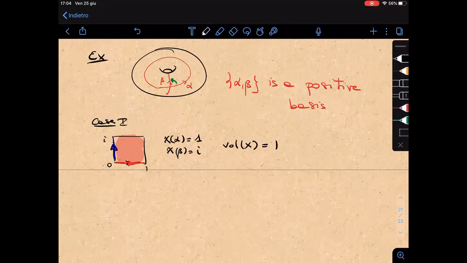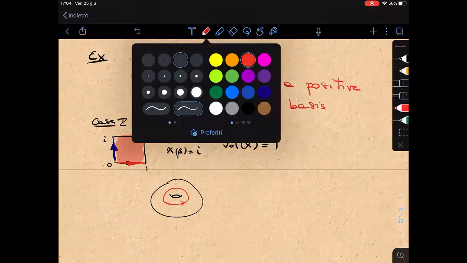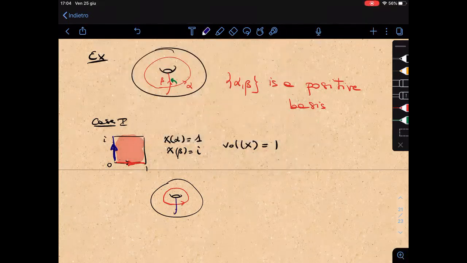If I identify these opposite sides by using the red arrow and the blue arrow, I get exactly this torus. This is alpha and this is beta.